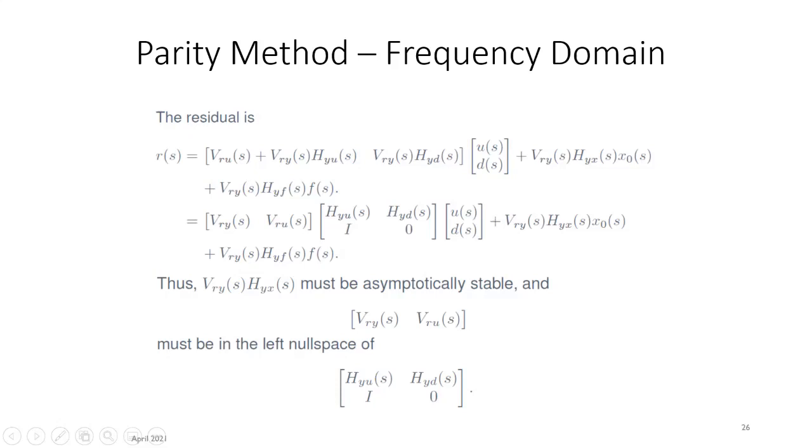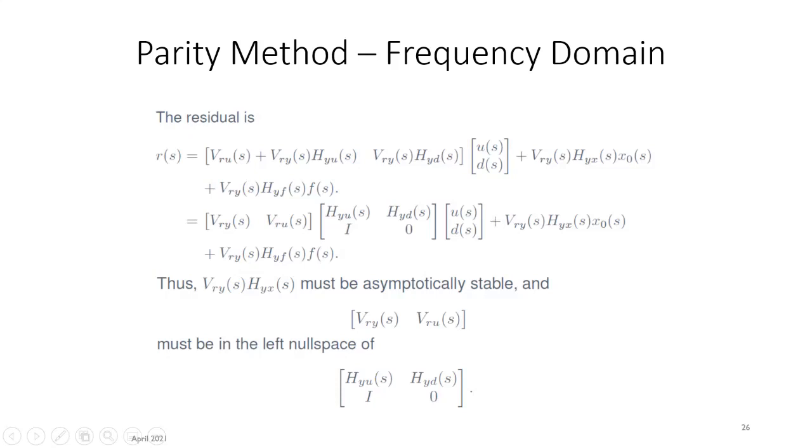As I mentioned, this one we don't concern. This one is okay, it should be there. We need to again get rid of this term because the residual is not supposed to be a function of disturbance and input. So basically, when you change the input, it shouldn't change the residual. So how to get rid of this term?